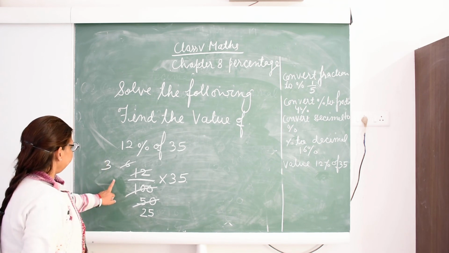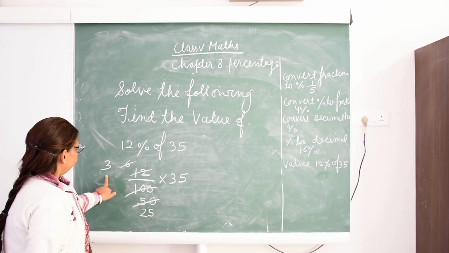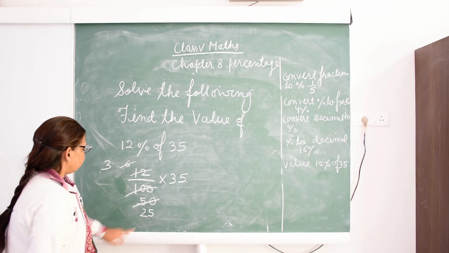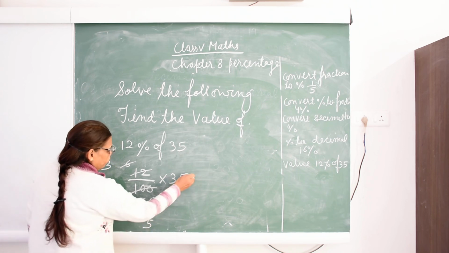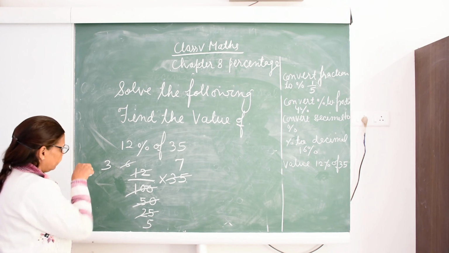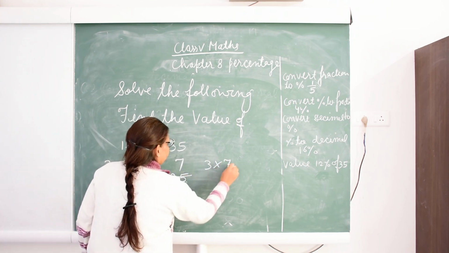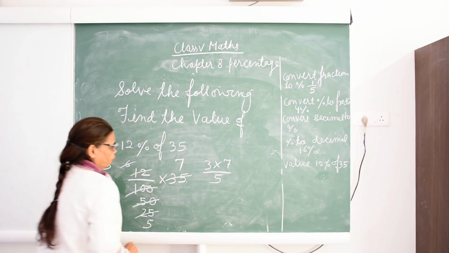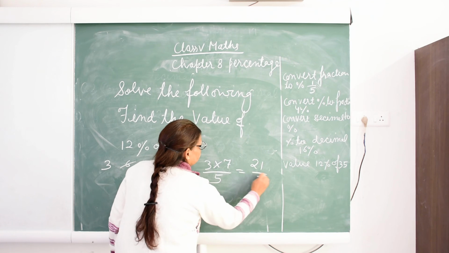How do we multiply the fractions, 3 and 25? Again this is divided by 5. 5 5s are 25, 5 7s are 35. Now what is remaining here? 3 into 7 upon 5. So 3 7s are 21 upon 5.